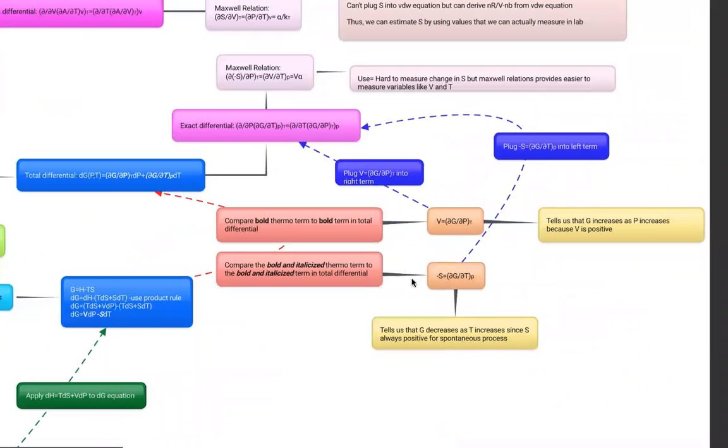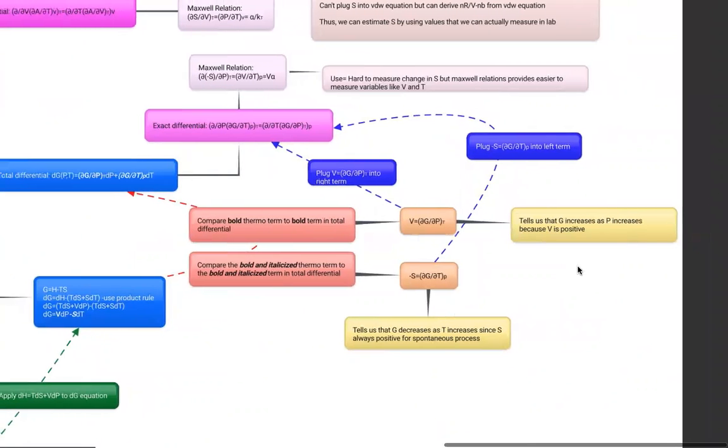So we look at these orange bubbles, and they are connected to these yellow bubbles. The negative S gives us some insight into how G changes with respect to temperature. We always know that S is positive for all spontaneous changes.